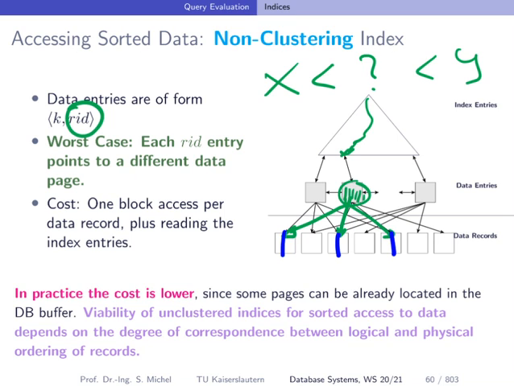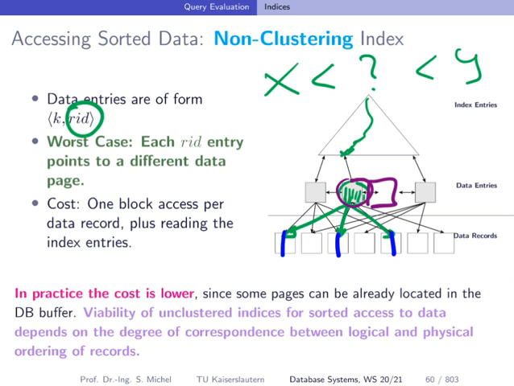In addition, we have to, of course, also read the data entries here, because if you have a range that is not only subsuming this node, we have to also get the next leaf node of the tree, and the tree is also stored on disk, so you have additional accesses we have to pay for. Yeah? So this is due to the fact that we don't have the same order, so we have to jump, in worst case, widely around the data file.